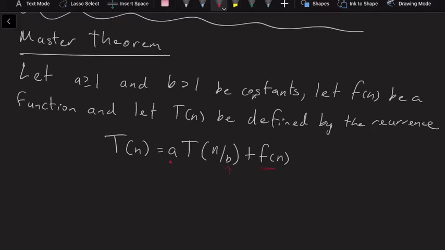And then it takes some f of n amount to combine those solutions. That's the idea behind this. So the master theorem says we have this recurrence T of n equals a T of n divided by b plus f of n. We say then T of n can be bounded as follows.